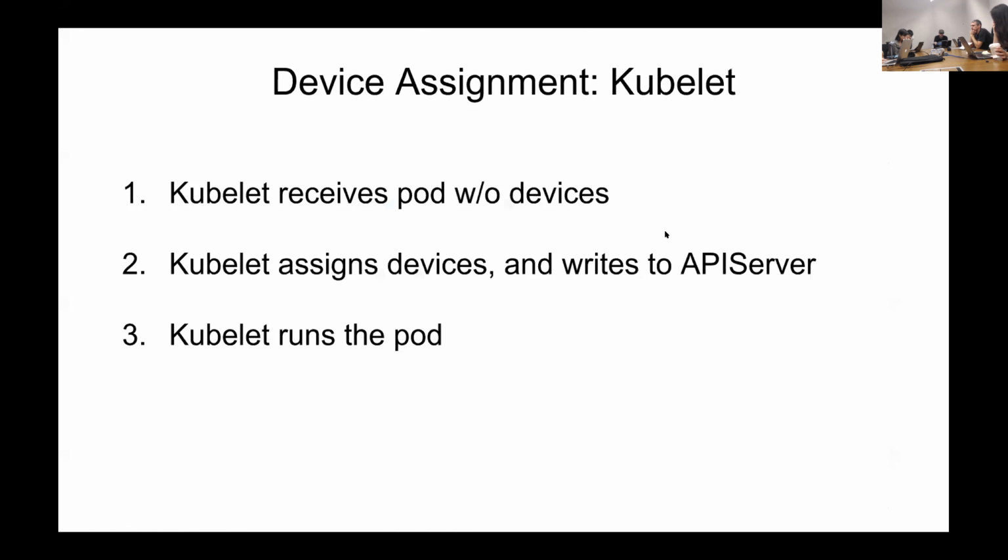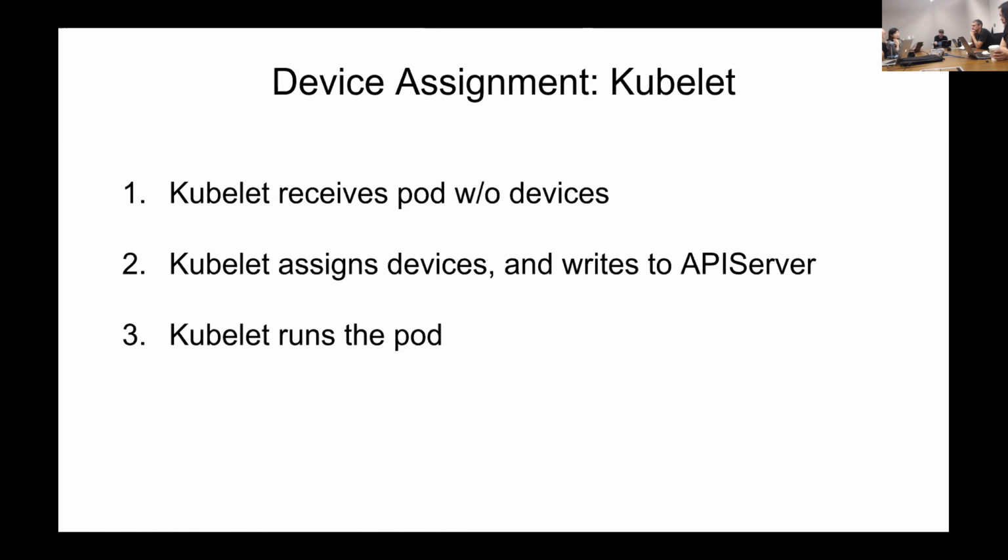Okay, and then lastly, I just want to dive a little bit deeper into how device assignment actually works, just to give people a picture of how we would implement this and how it could possibly be used as an extension point in the future. So if the kubelet is performing device assignment, which is what we expect to be the majority case, the kubelet receives the pod just as it does today without this field assigned.